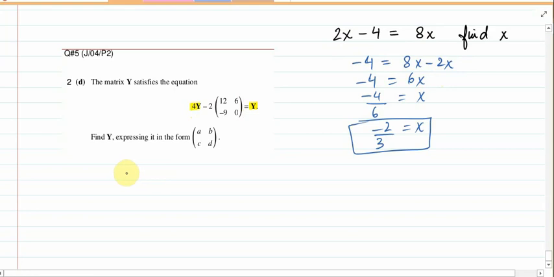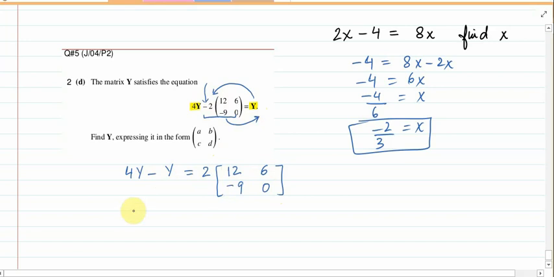So 4y on the left side, when this positive y shifts towards the left side, it will be negative y, and when this whole matrix shifts towards the right side, it will change its sign. So right now it's minus 2, on the right side it will be positive 2, and with the matrix 12, 6, minus 9, 0. Right, that is your first step.